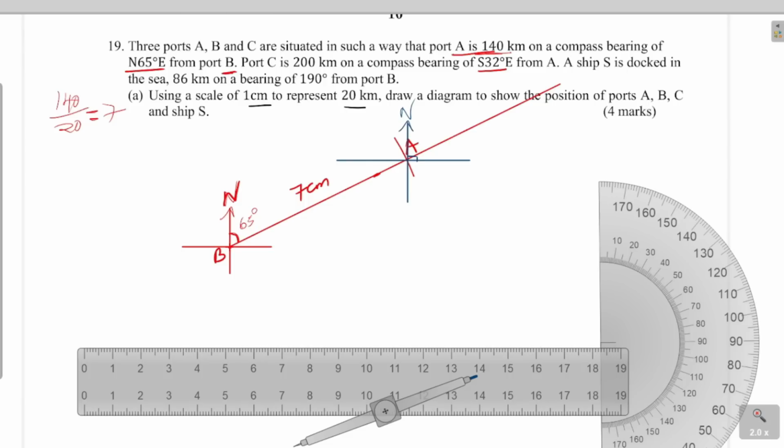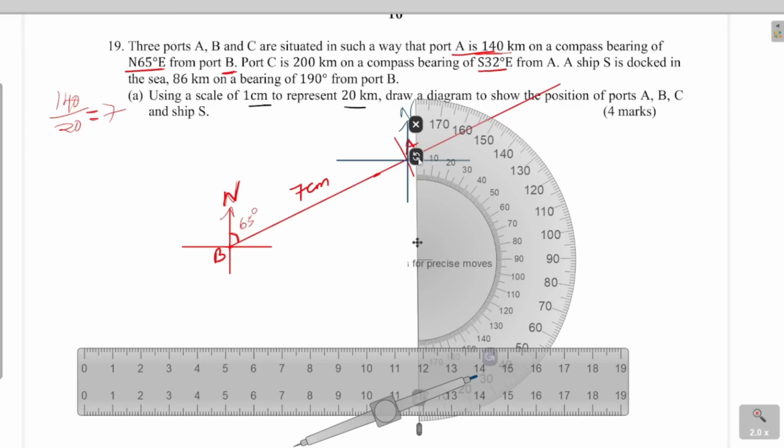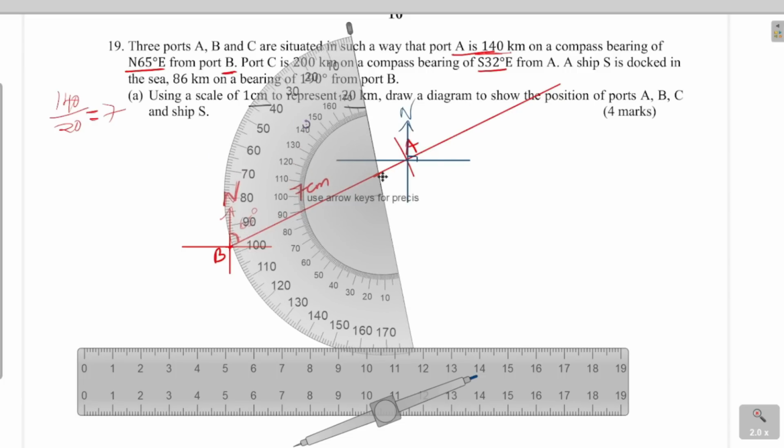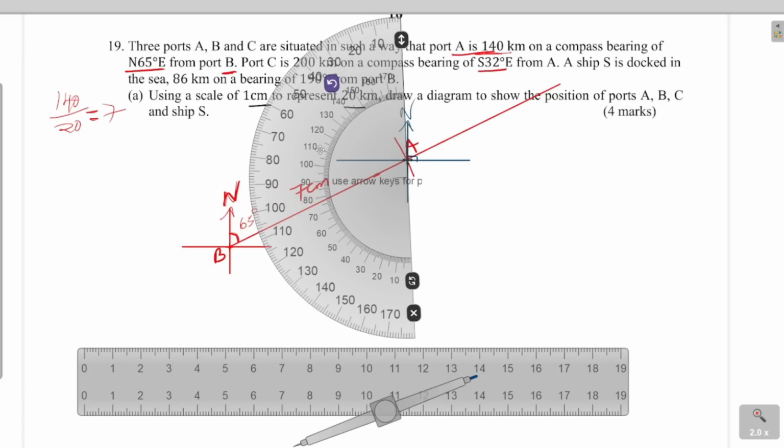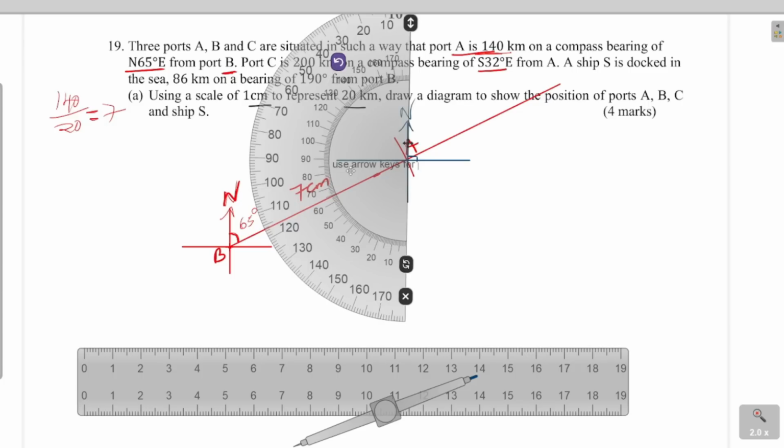So from A, south 32 degrees east. Which angle is that? That is the compass bearing. So this is how you're going to place your protractor, like that. And then we're going to measure 32 degrees.